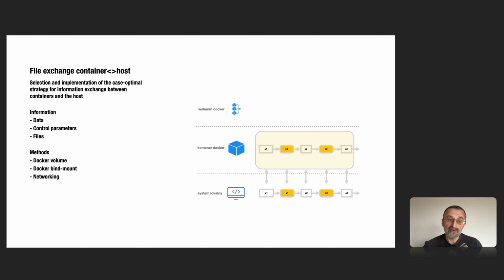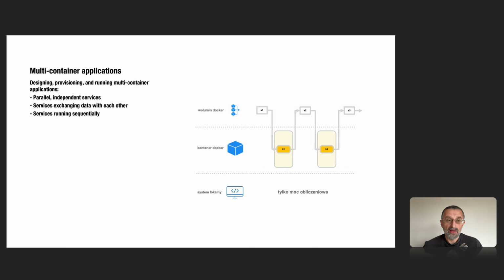Yes, this information may be data, but also control parameters or files. You have different methods like Docker volume, Docker bind mount, and networking. So we are going also to cover those things. You'll find it covered in my tutorials below, but also in Docker tutorial, which is, in my personal opinion, the best source of knowledge nowadays.